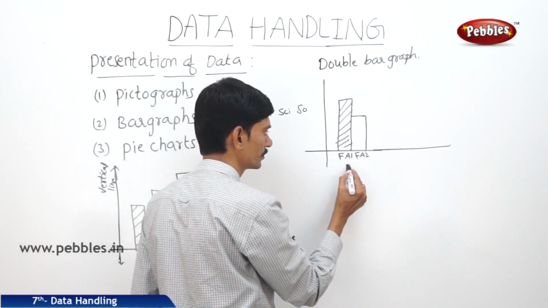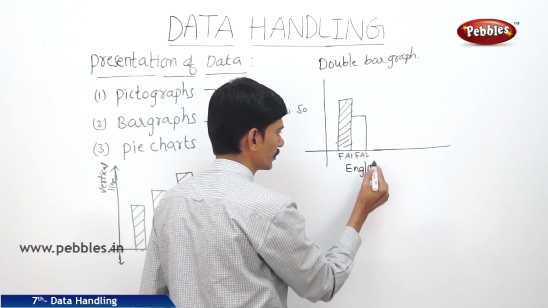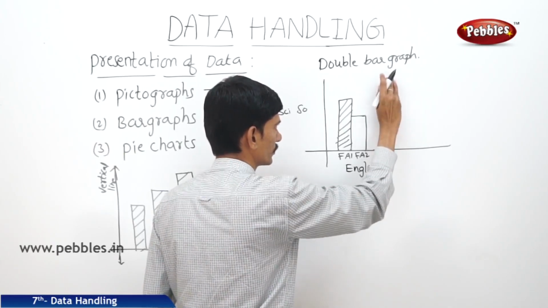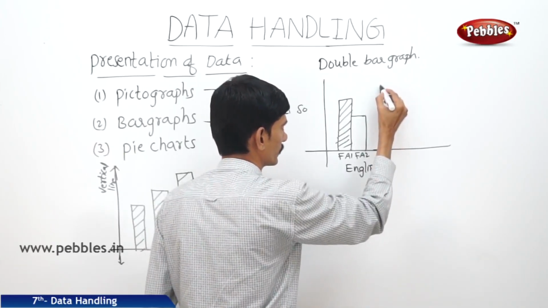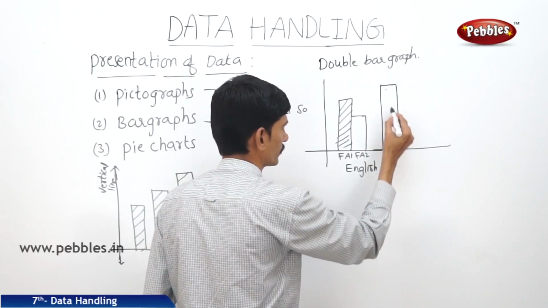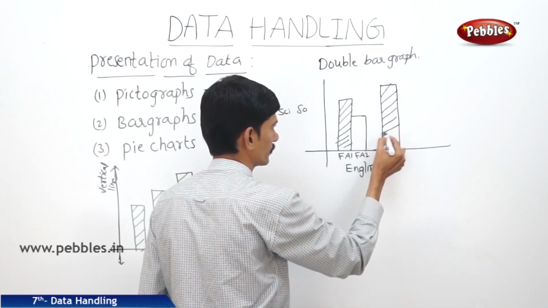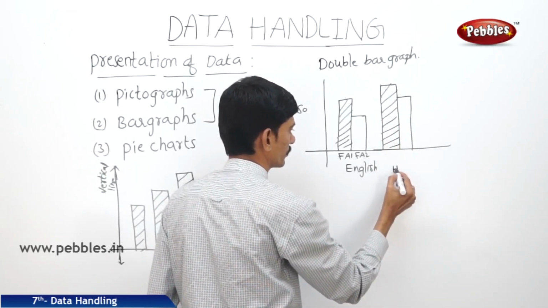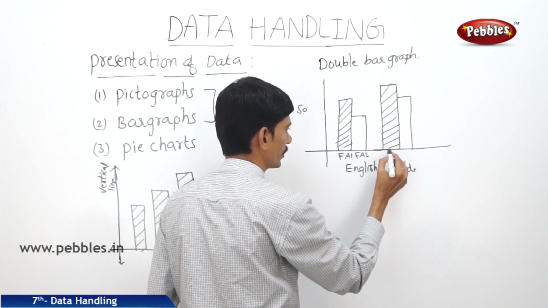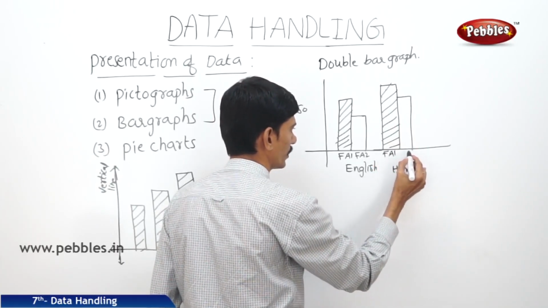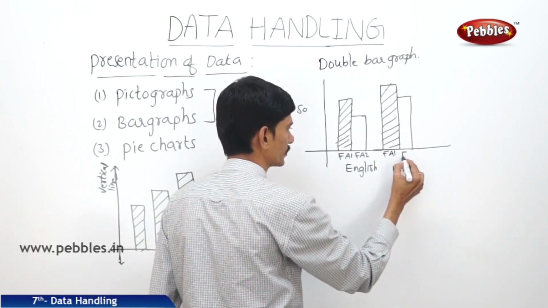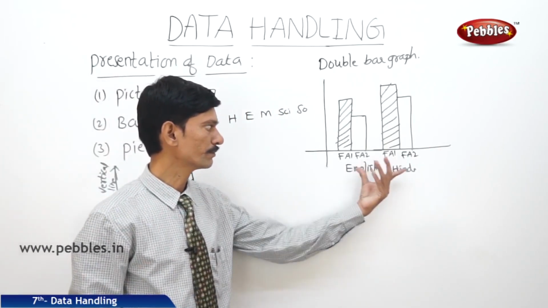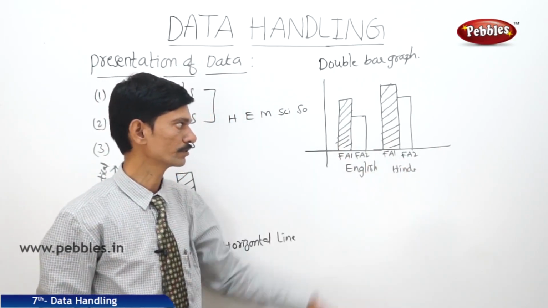For example, this subject is English, and if we want to show the marks in Hindi, so this is Hindi, and the shaded bar represents the marks in FA1 and the unshaded bar represents the marks in FA2. So there is a comparison between the marks of the student in different subjects from FA1 to FA2.